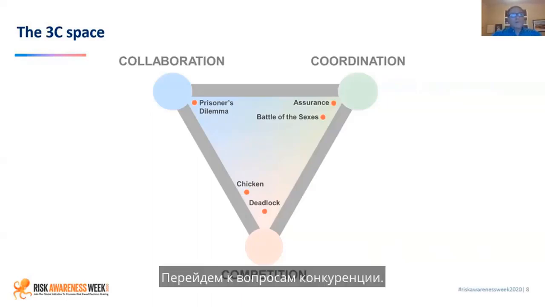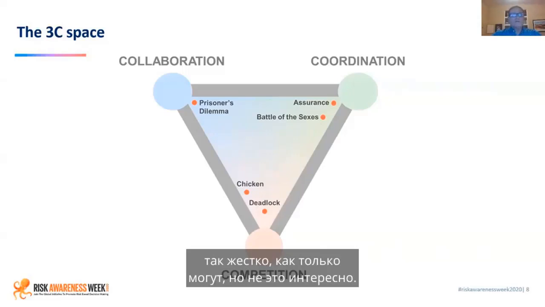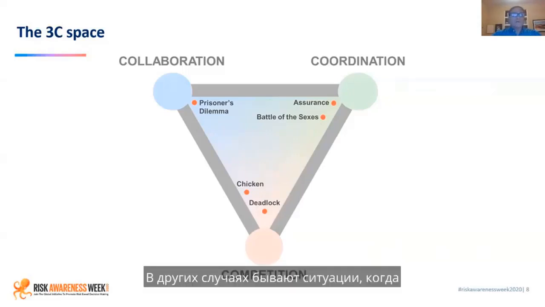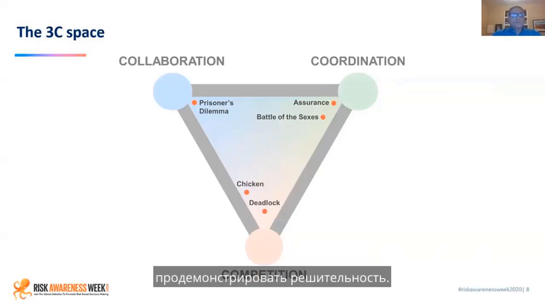And then we get to competitive issues. Some of these are not terribly interesting. 2 companies may be just competing as hard as they can on price and quality, and not that interesting. In other cases, we have situations in which one or both parties need to establish credibility and show resolve.